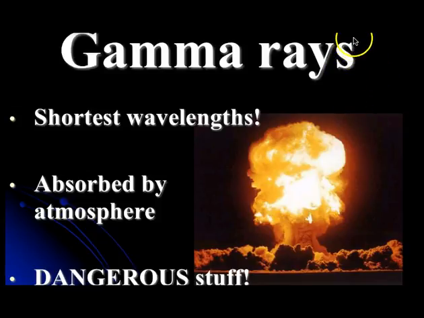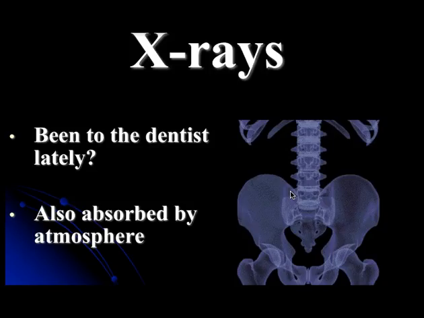Okay, to give you an idea of what these things are, gamma rays, the shortest wavelengths, are basically produced in such dangerous things. They are dangerous, and most of them are absorbed in the atmosphere, thank God. X-rays are also very dangerous in the sense that they can alter your chemistry, and they basically break apart the nuclei in the atoms in your body.